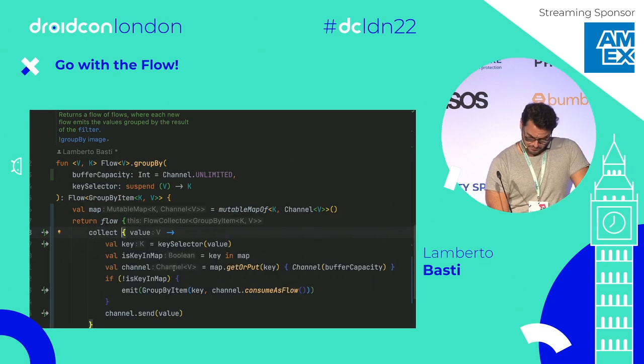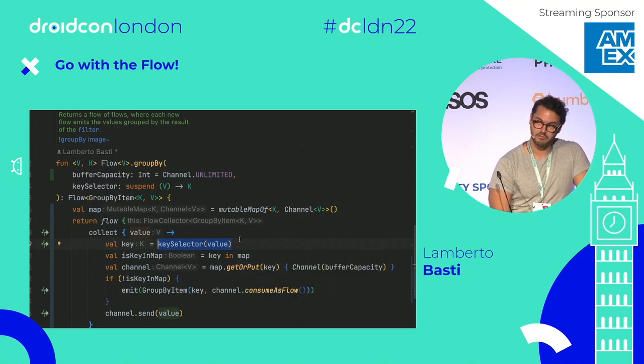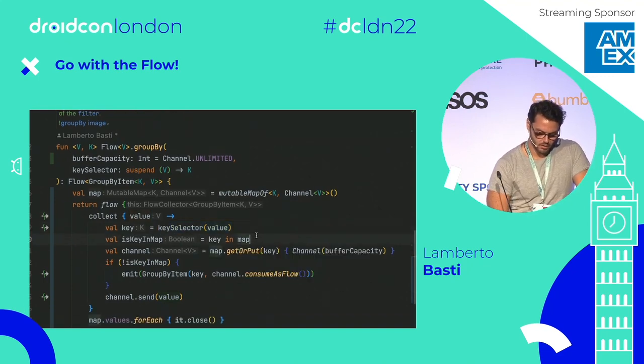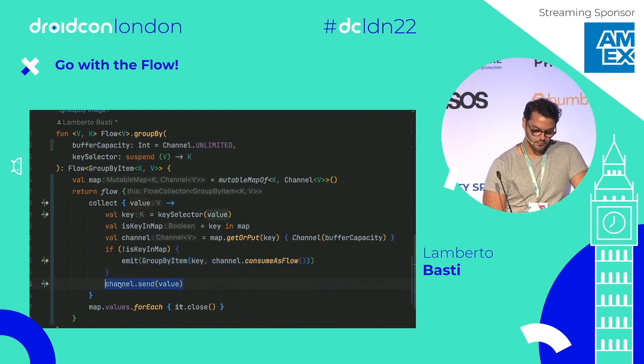But what if during the key selection function passed by the user, there is an exception? What if, while emitting this guy here, or here, the coroutine scopes get closed? It happens.